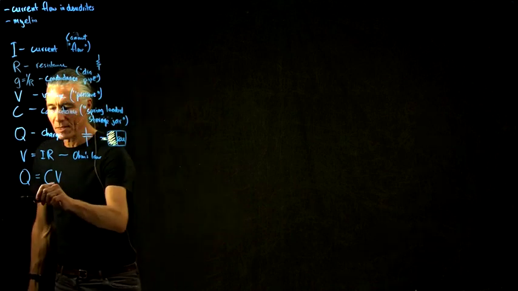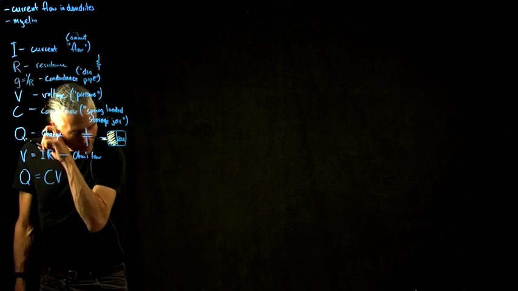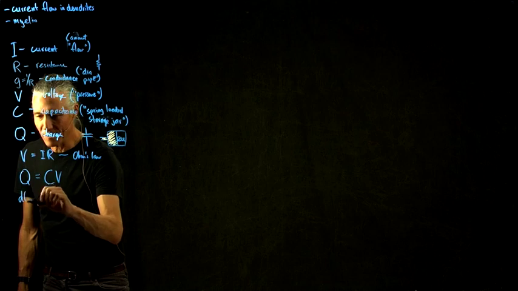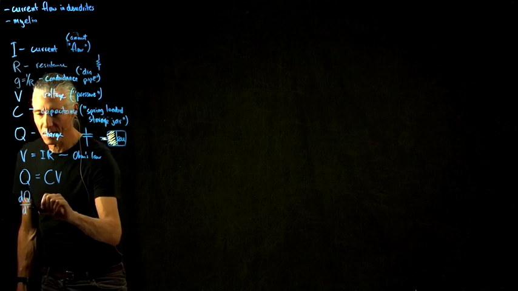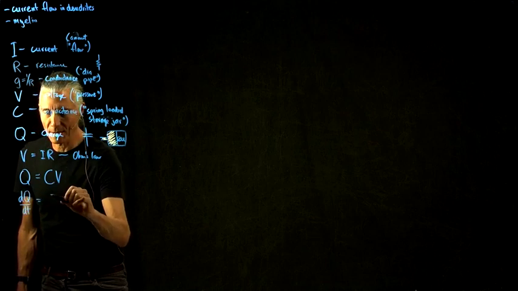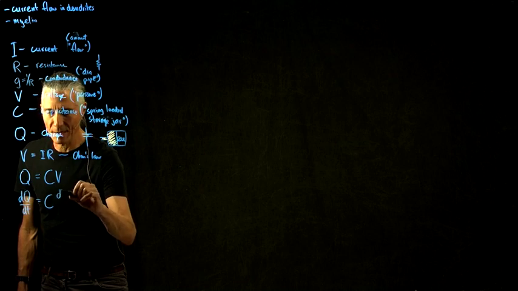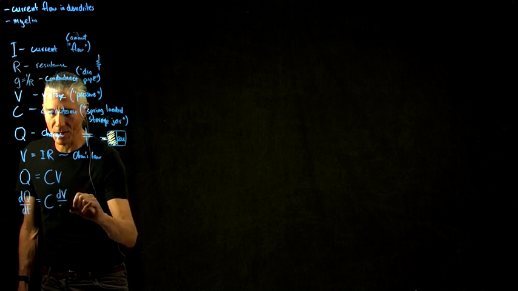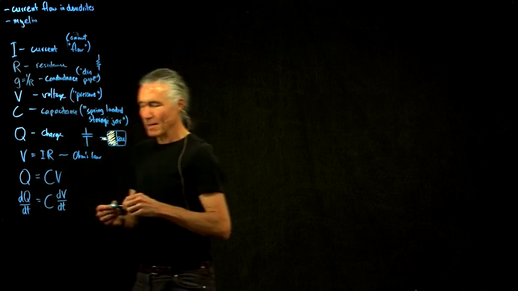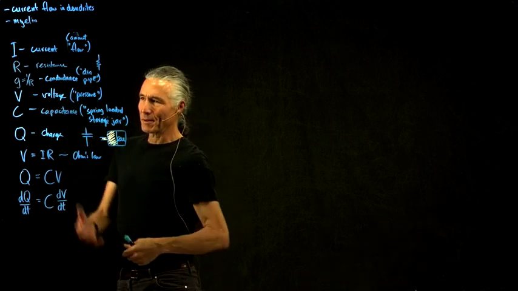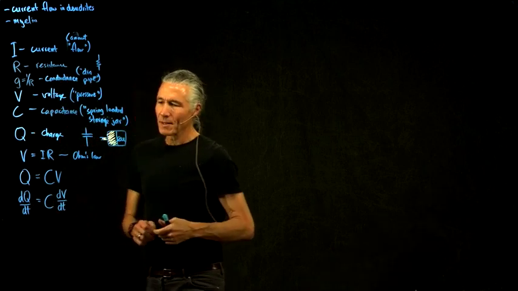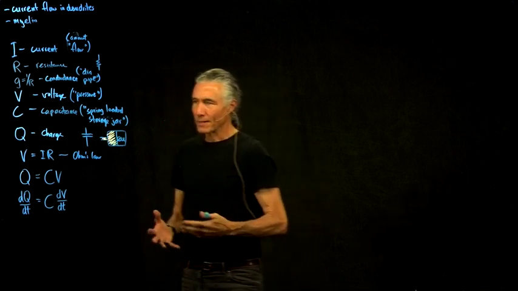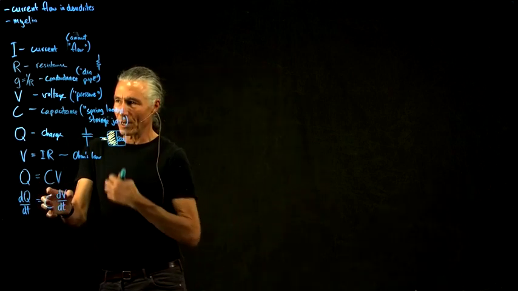If we take the derivative of it, the rate of change of the charge is the same equation: the capacitance times the rate of change of the voltage. So if you change the voltage more quickly, the amount of charge on the capacitor will change more quickly.